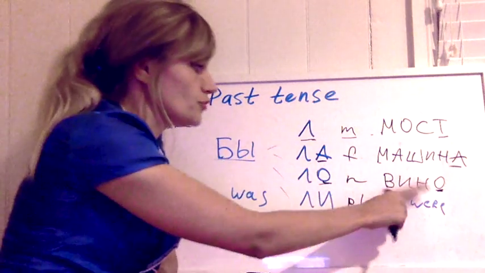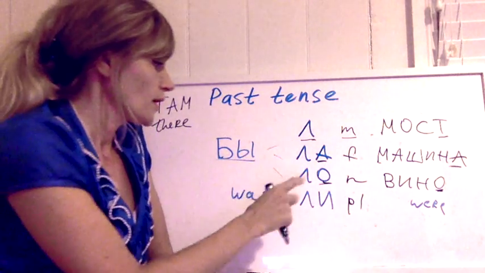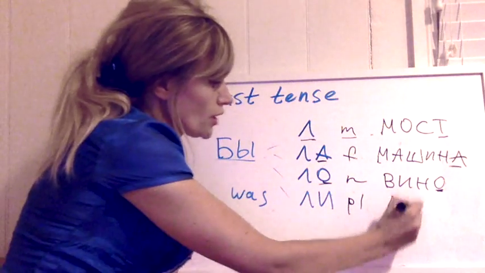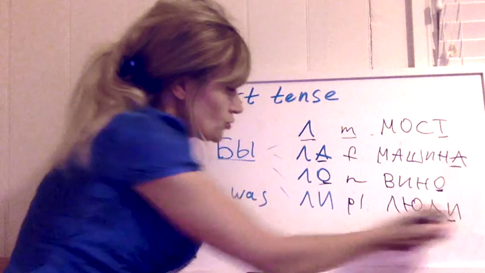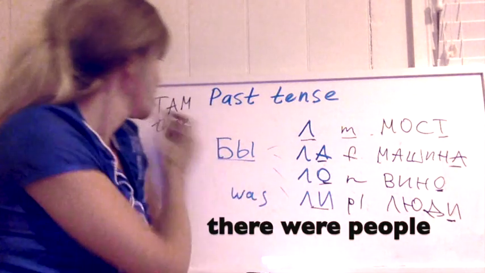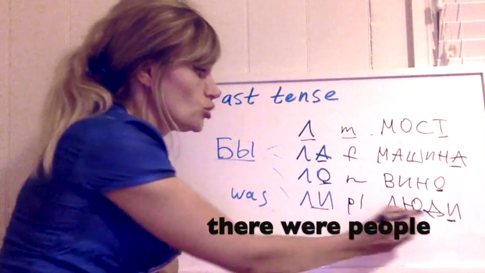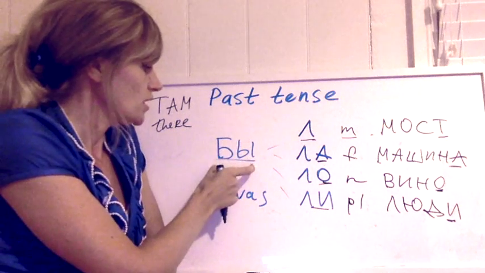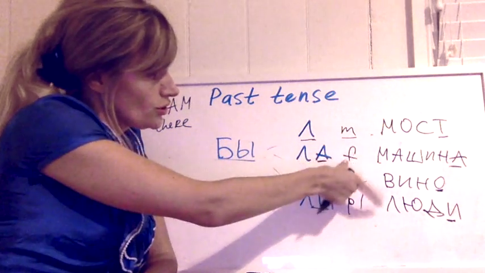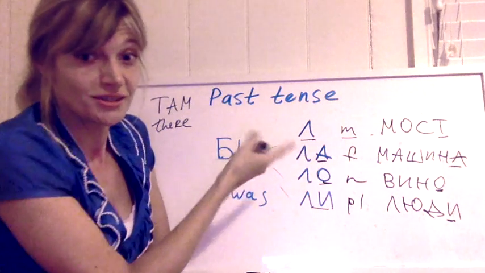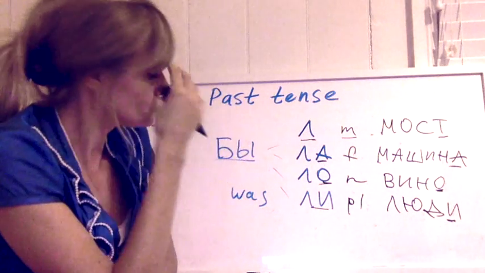Там было вино. There was a wine there. And let's take plural, like люди, people. Plural. Там были люди. So now we see how the verb changes itself according to the gender of nouns or people.